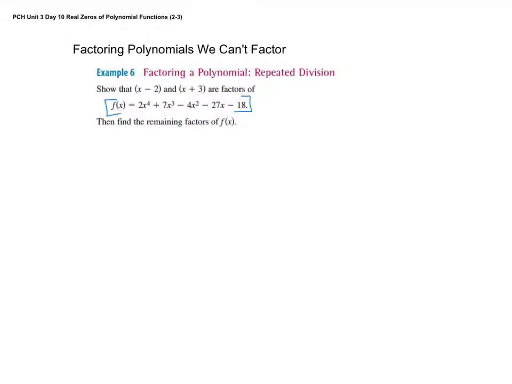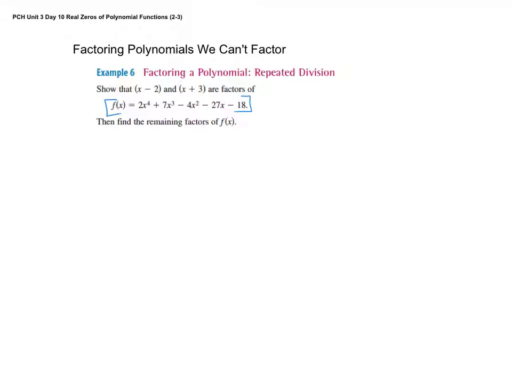We have 2x to the 4th plus 7x cubed minus 4x squared minus 27x minus 18. Just looking at that, if you tried factoring by grouping or some other strategy that you've learned, we don't know how to factor that.